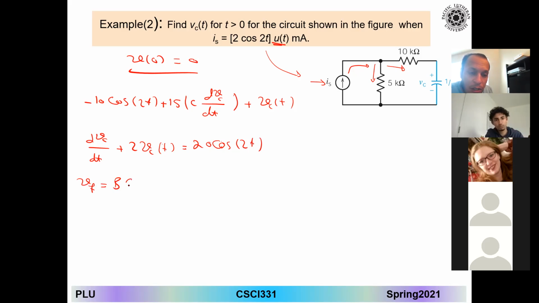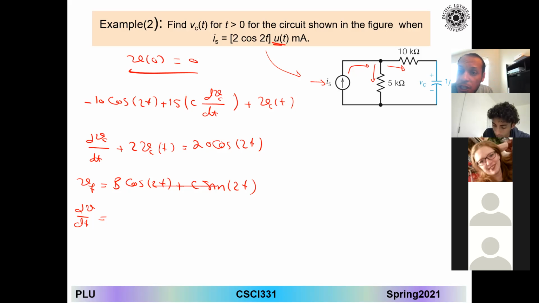You can assume any constants: B cosine 2t plus C sine 2t. You need to find the first derivative by differentiating this one and plugging it here, plus 2 times the same VF, equal to 20 cosine 2t.